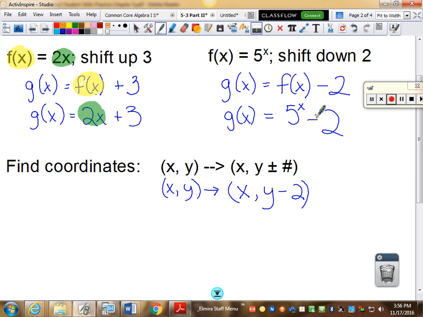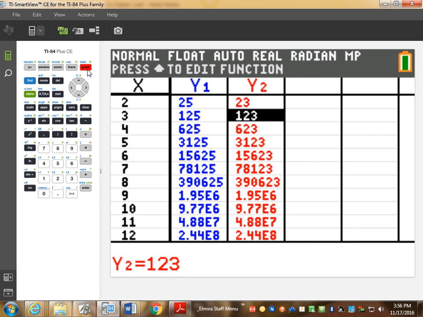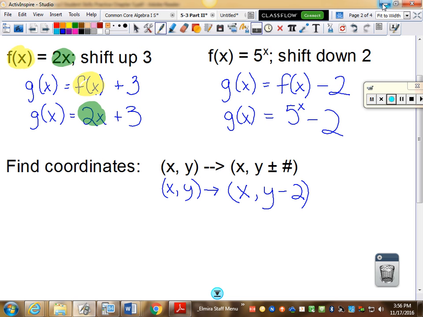Okay, so how is this useful to us? Well, let's pick a point in f of x: 2 and 25. So 2 and 25 are our original point from f of x. If I want to know what the new point is, I would just sub in.